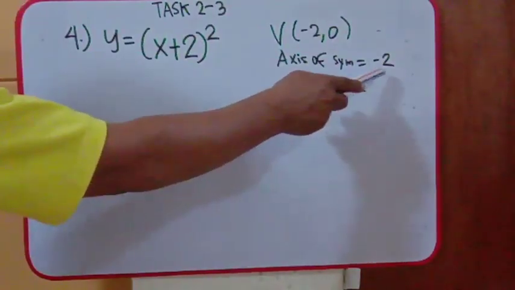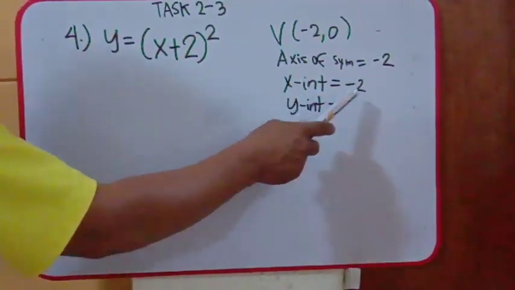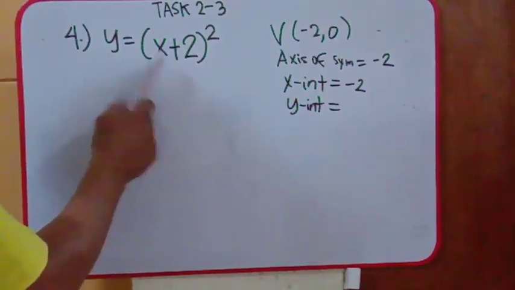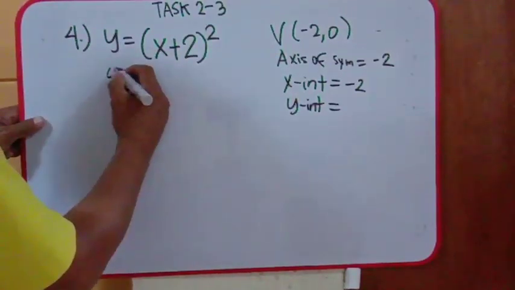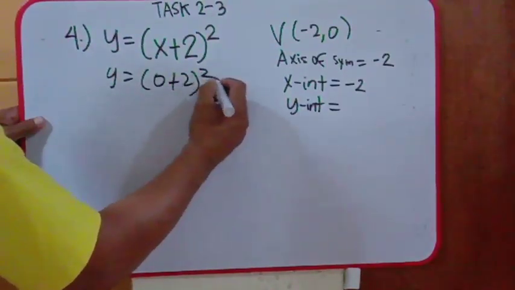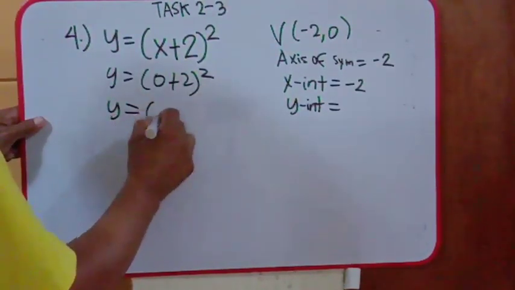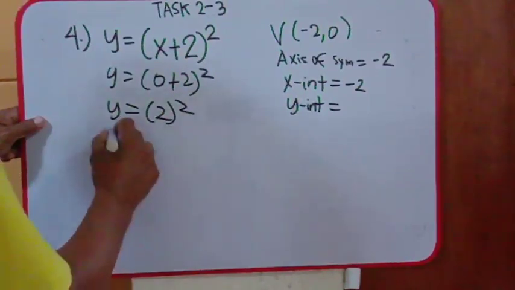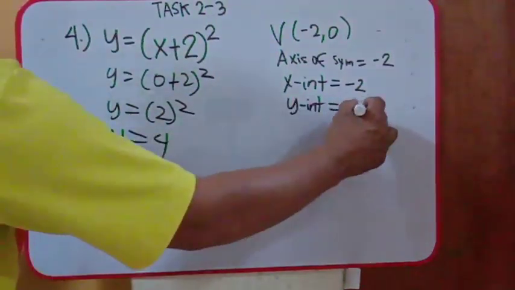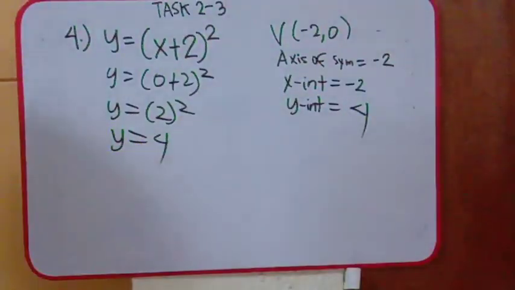Axis of symmetry is negative 2. X-intercept is negative 2. Y-intercept, x equals to 0. So, y equals 0 plus 2 quantity square, y equals 2 square, so y equals 4. So that is y-intercept equals to 4.